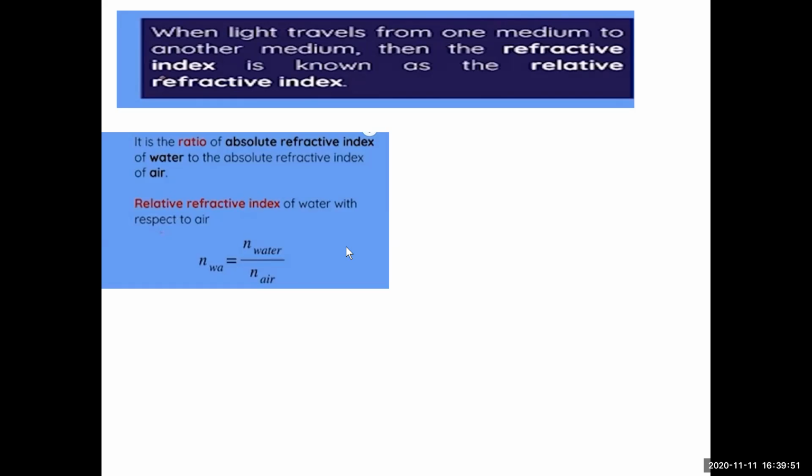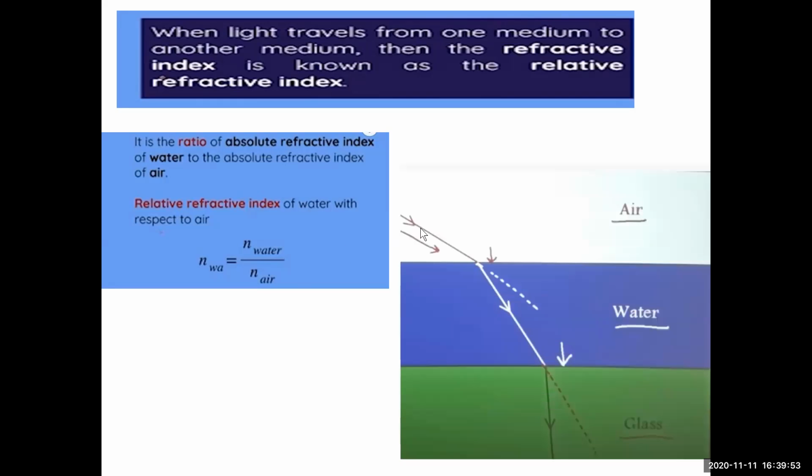Okay, students. Now see here, when the light travels from one medium to the other medium, here we are seeing from the air medium to the water medium, there is a bend over here. Actually, it should pass like this, but there is a bend. So this is the refraction, isn't it? That refraction is measured by the physical quantity refractive index. Now there is a relative refractive index between the air and the water. Therefore, we are calculating it like this: n_WA equals n water by n air.